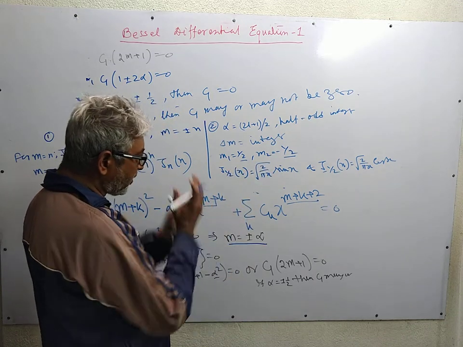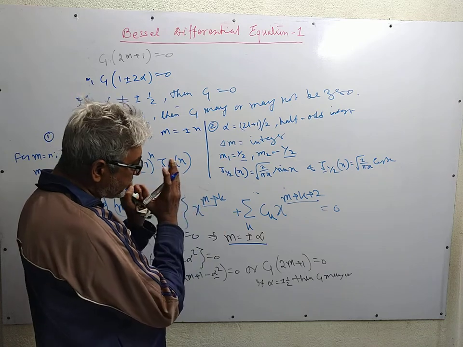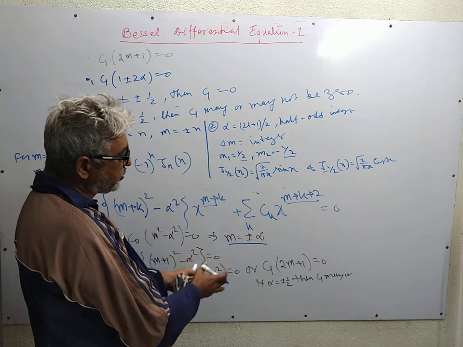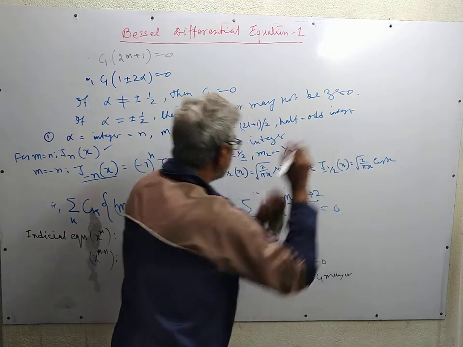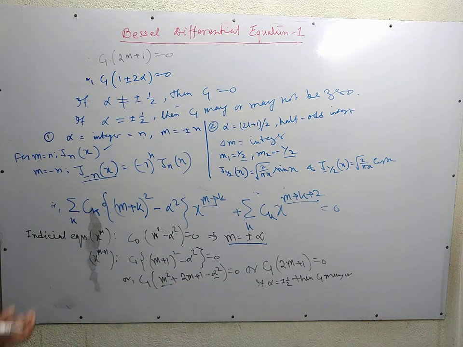But we see that for alpha equal to half, only the series starting with C0 can give us both the linearly independent solutions. So we need not consider the series starting with C1 in any case, at least for the Bessel differential equation.